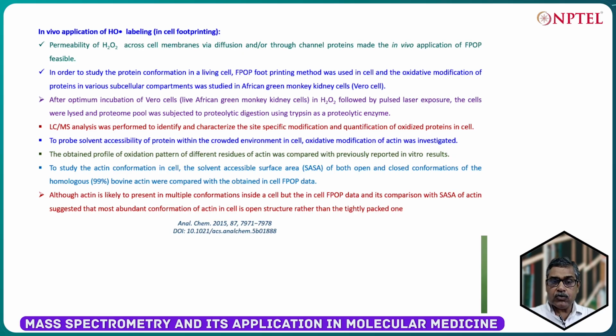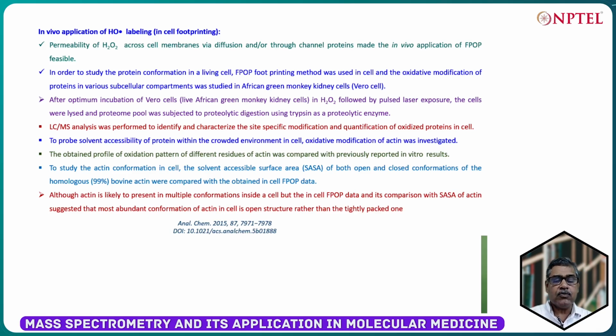So, the main motto is we have to generate hydroxyl radical inside the cell itself, and that is possible because hydrogen peroxide penetrates through the cell membrane. Once it goes in, we expose the cell containing hydrogen peroxide to a laser, which will generate hydroxyl radical the way I explained to you, and then that radical will participate in different reactions.